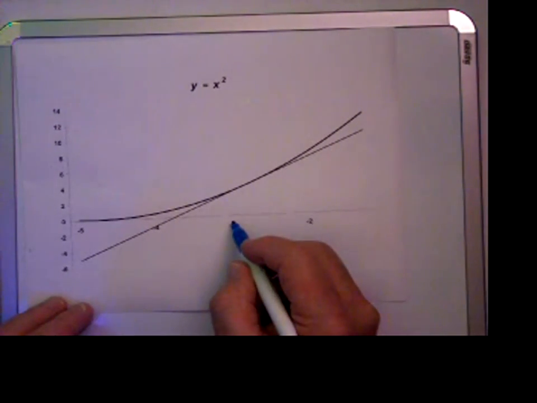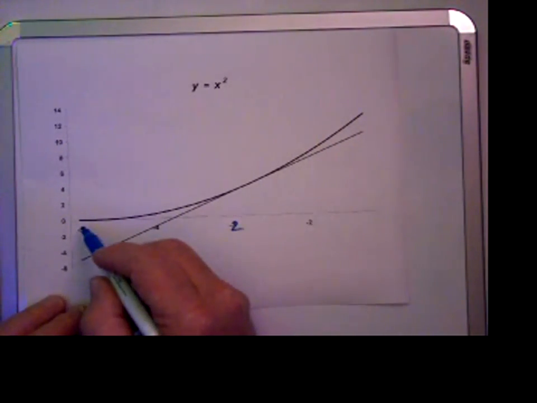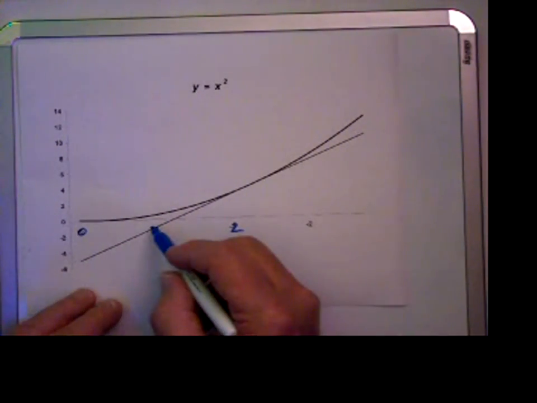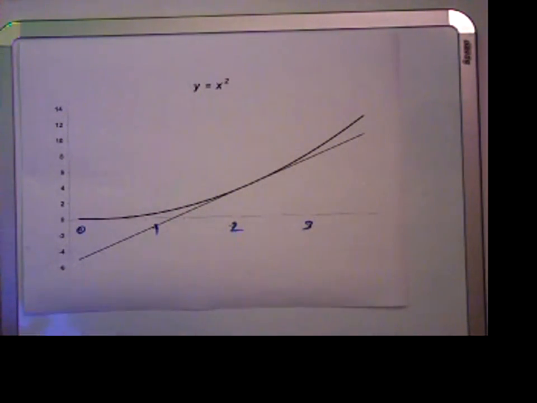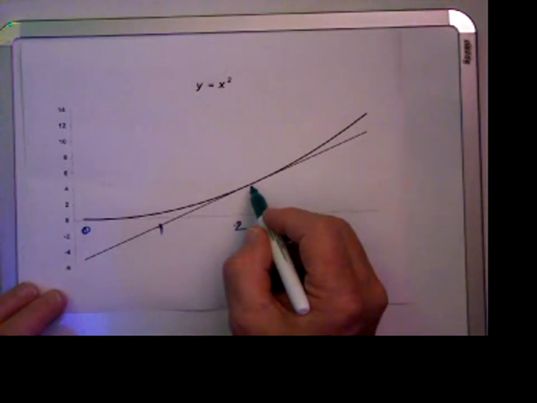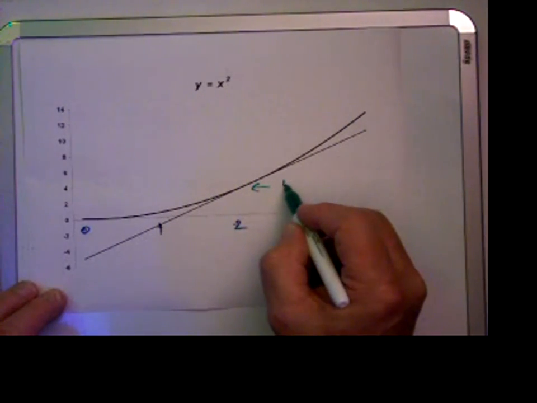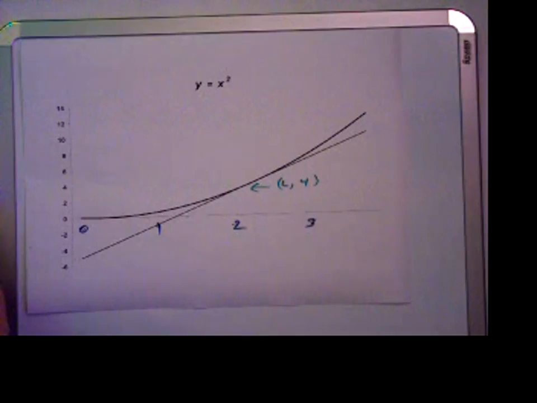This is wrong. This is supposed to be 2 here. My scale got all screwed up. And this is 0, and this is 1, and this is 3. This scale is goofed up too, because this is at 4. This is 2, 4. But you can see here what we want to do.